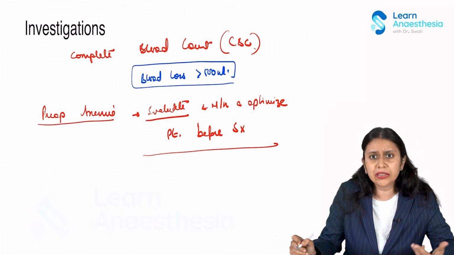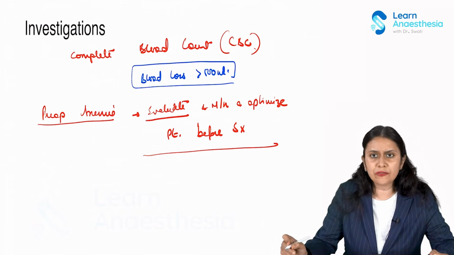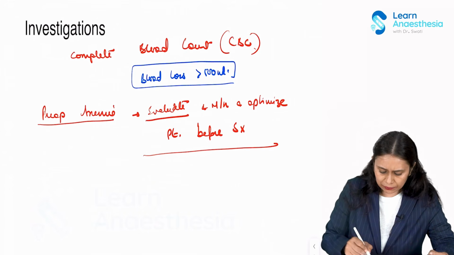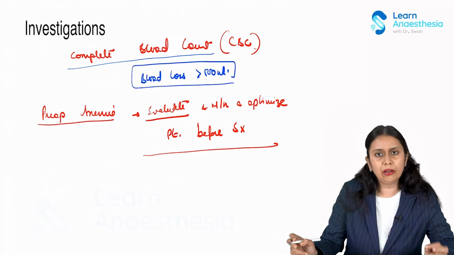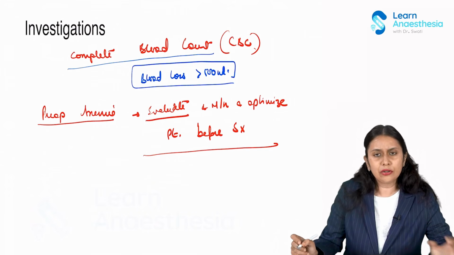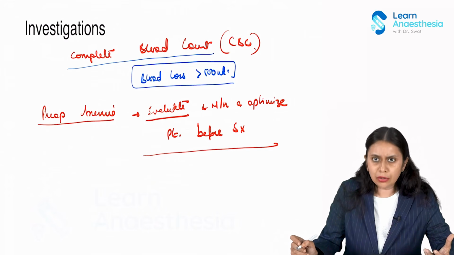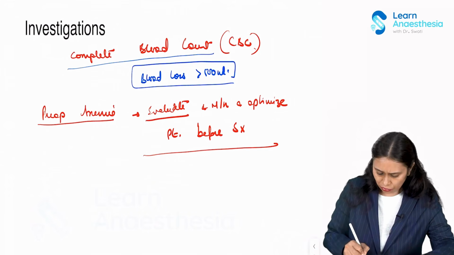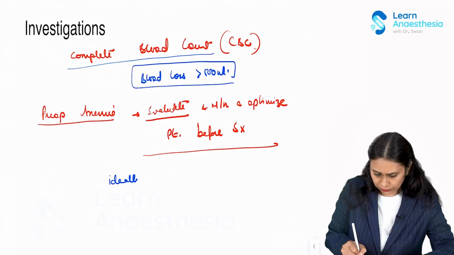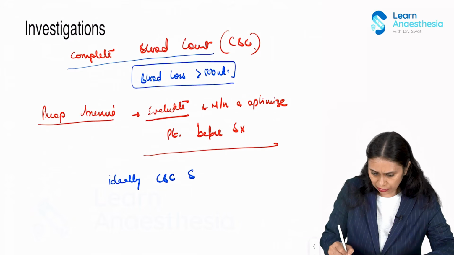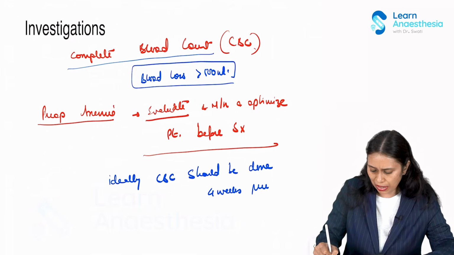This would decrease the risk of blood transfusion in the patient. Now, ideally, the CBC should be done 4 weeks prior to the planned surgery to give us ample time to manage the conditions.